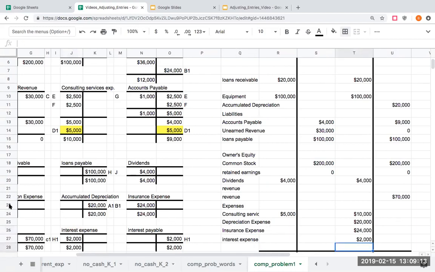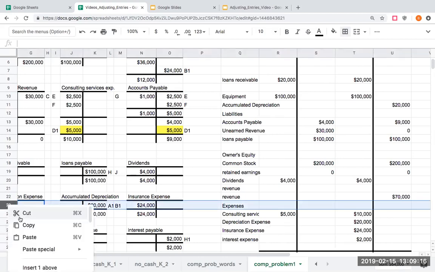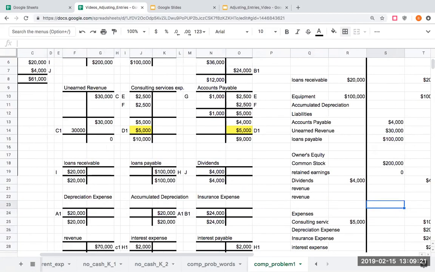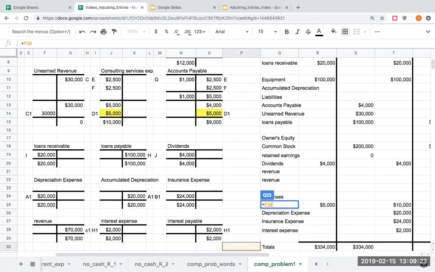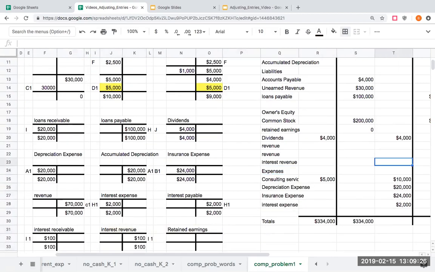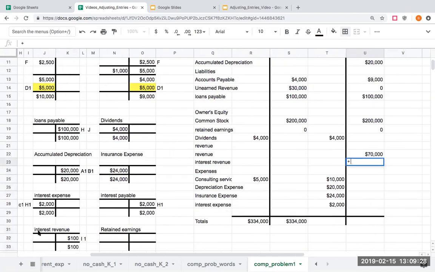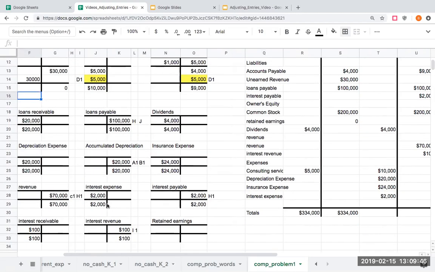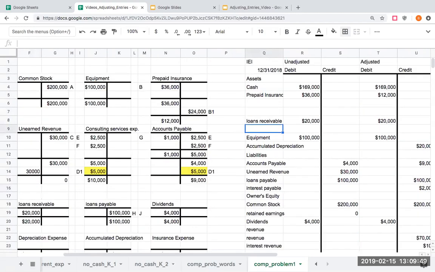And then I had interest revenue over here of 100. And as I'm looking at this, I want to make sure that I got my loans payable. I have interest payable, which is a liability. And I should also have interest receivable, which is going to be over here at 100.